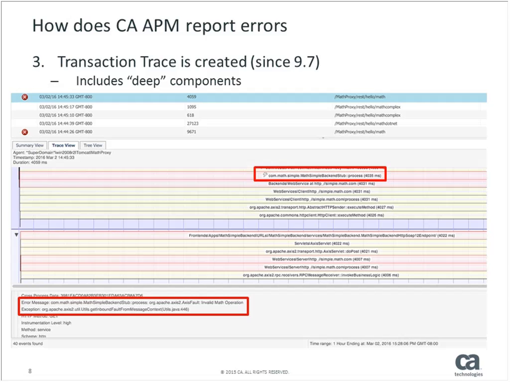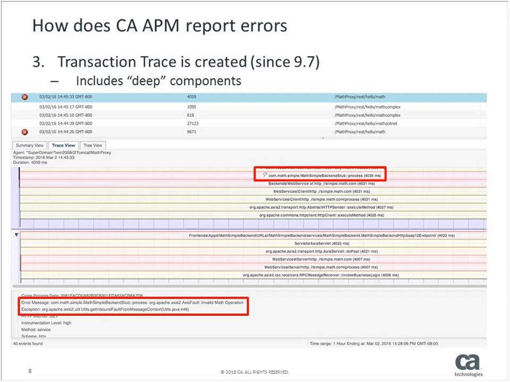You already have seen the bottom part below, and this error is also propagated to the calling JVM, and with the Thunderbolt sign, you see also the deep component from smart instrumentation on the stack.